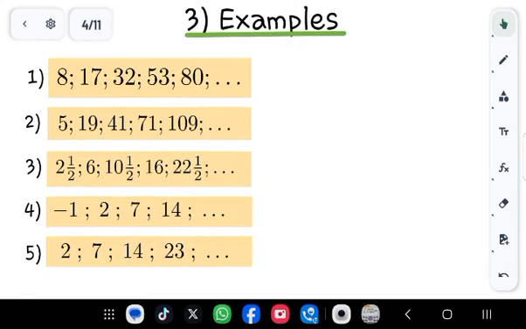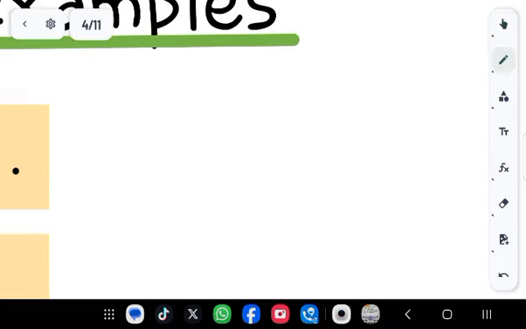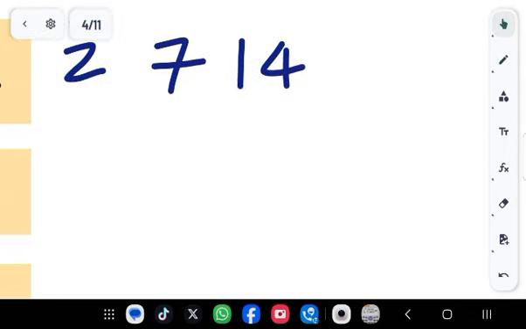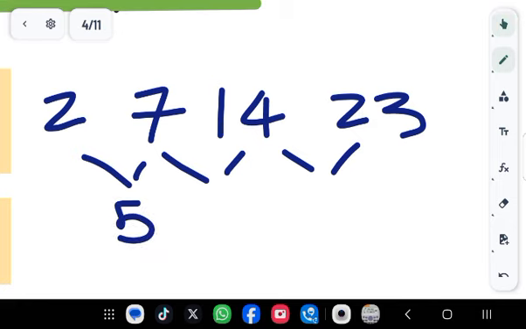Let's look at the last one just to give you an example of how you test whether it is a quadratic pattern or not. We've got 2, 7, 14, and the last one is 23. So what you do is you find the first level of differences. 7 minus 2 gives you 5. 14 minus 7 is 7.